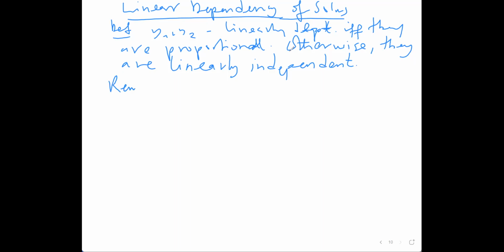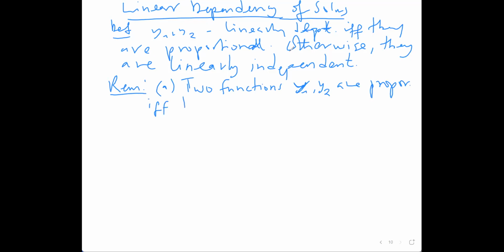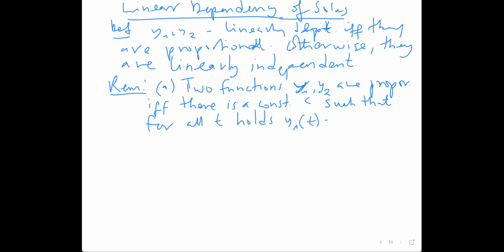So remarks. Two functions y1, y2 are proportional if and only if there is a constant C such that for all t it holds that y1 of t is equal to C y2 of t.